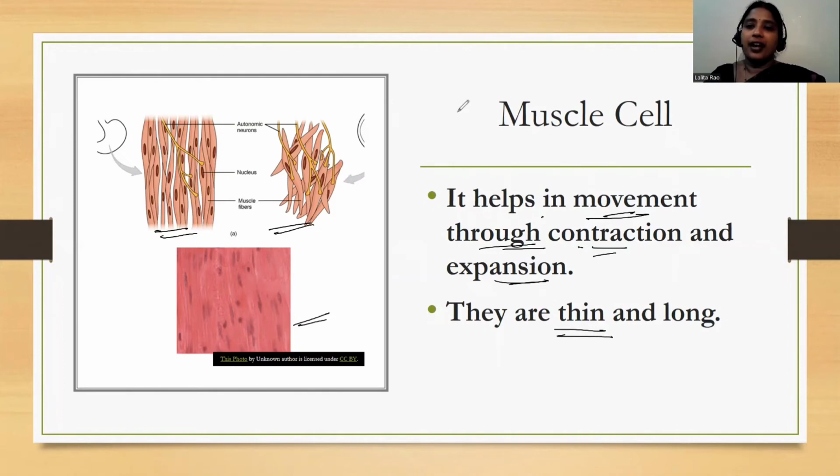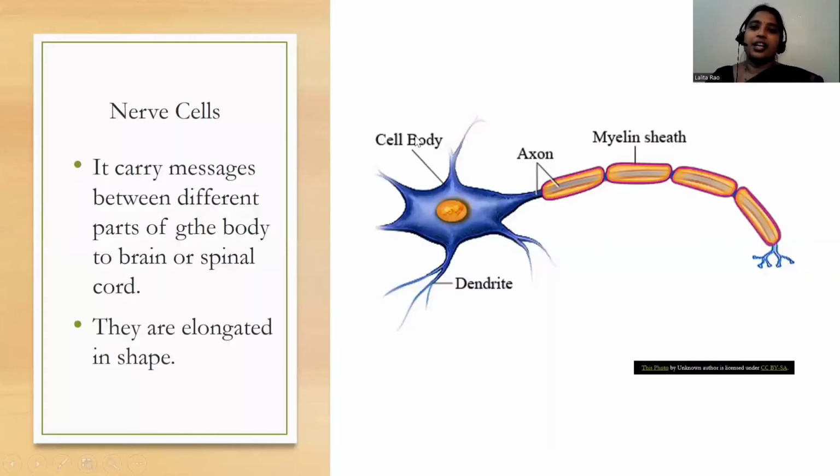Similarly, we have other types of cells as well. The next one is the nerve cell. Now look at this nerve cell. This nerve cell has the function of carrying messages.